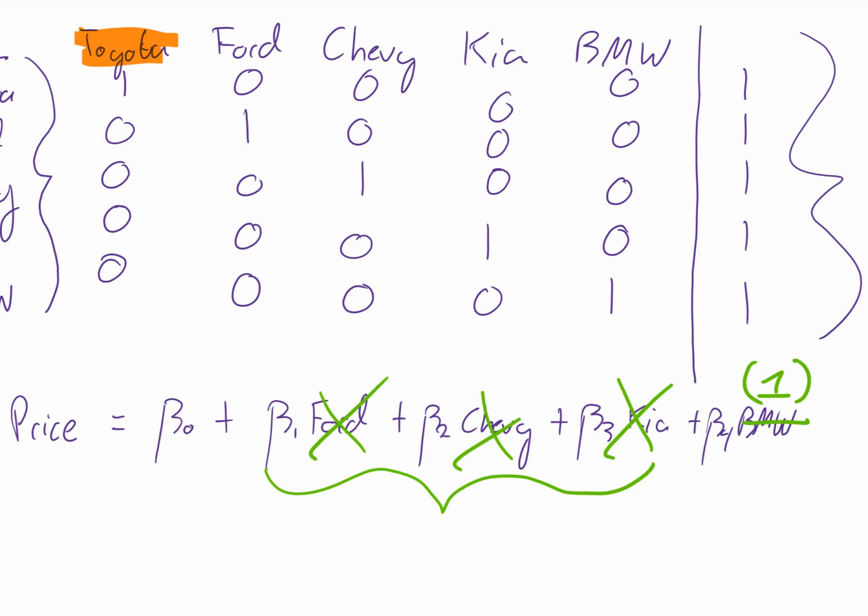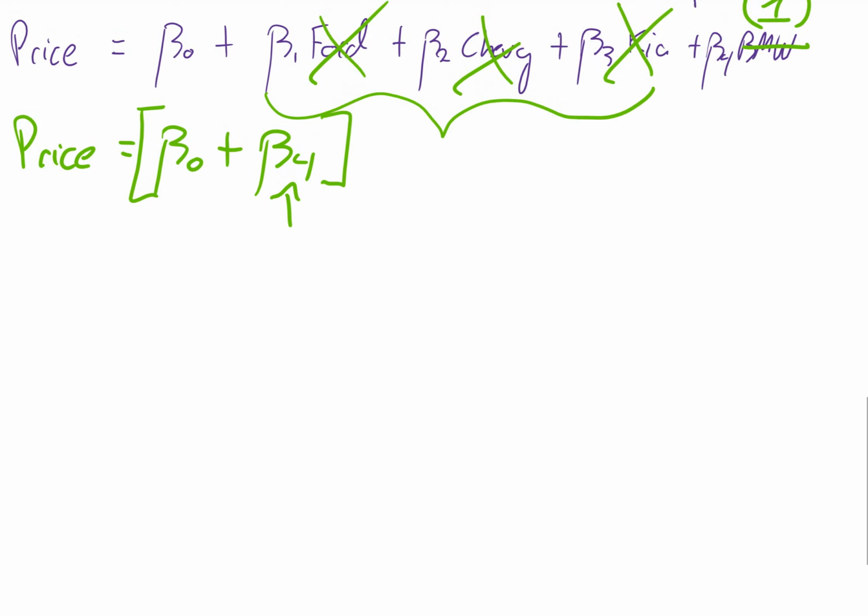So our price in this case is going to equal beta 0 plus beta 4. So this combination is going to be our new intercept if we're talking about BMWs specifically. So it's whatever's in excess of Toyota, and of course this could be positive or negative. That is going to be pretty much the basics of dummy variables.